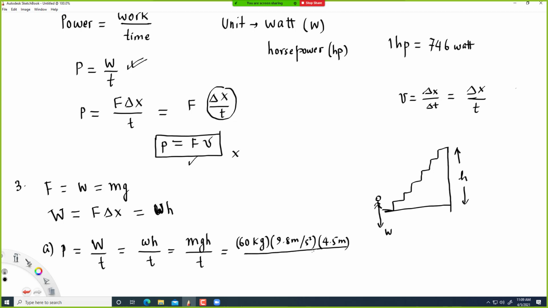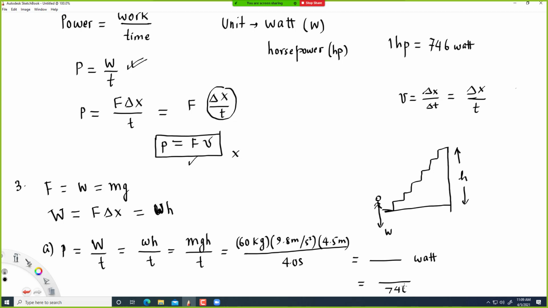And time to get to the top, to that height, is 4 seconds. So do the calculation. That'll give you power in watt. Okay? And to get the power in horsepower, HP, you need to divide this watt by 746.